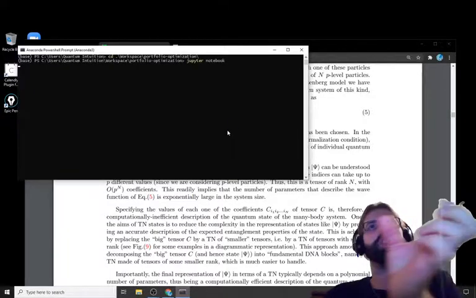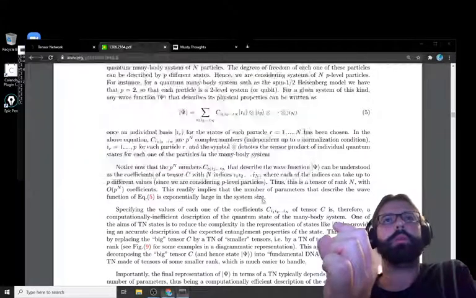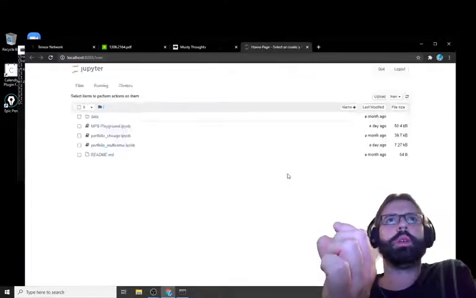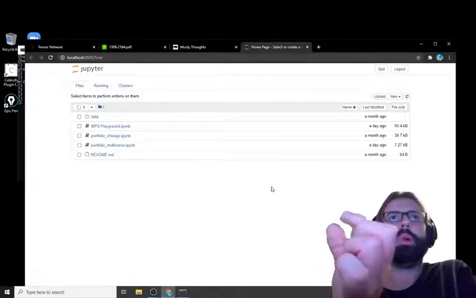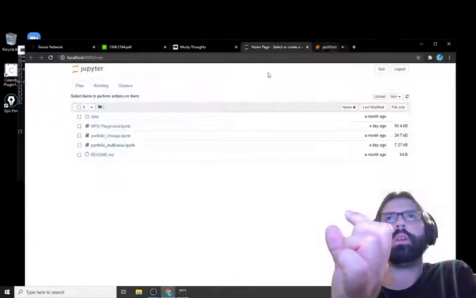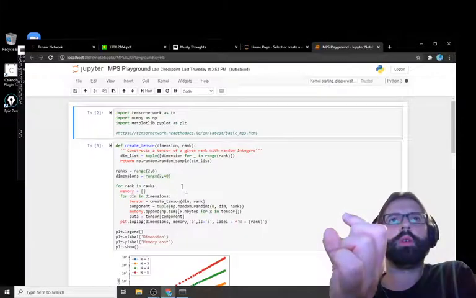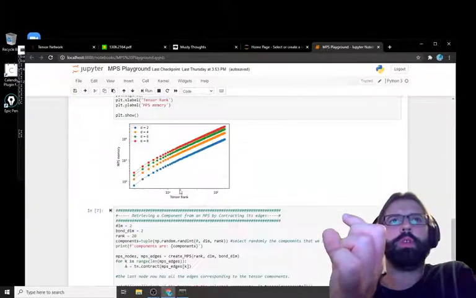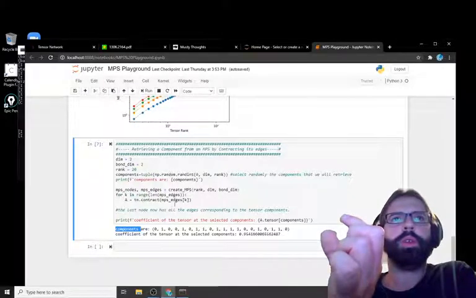But essentially each index of the tensor makes reference to a qubit, and it actually has two components, right? Maybe this is what the components mean here.